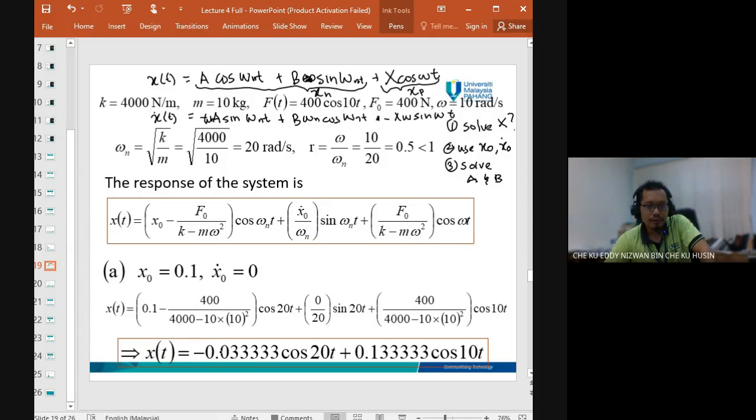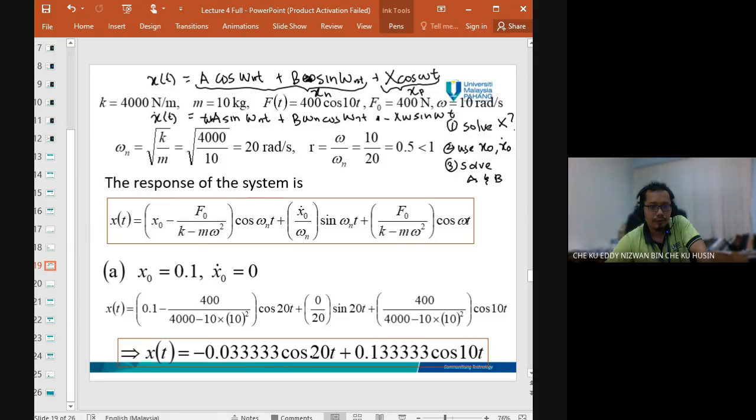From this equation, you know that we don't have a sine function because the initial velocity is equivalent to 0, meaning there is no initial velocity, so that's why it's cos.